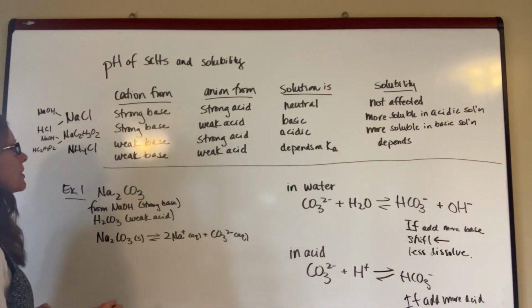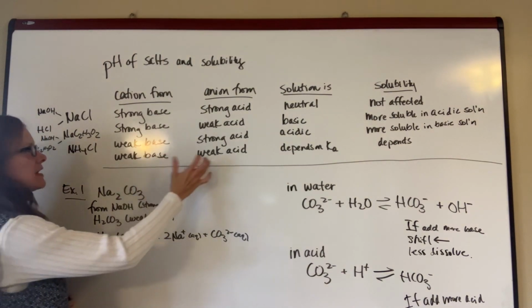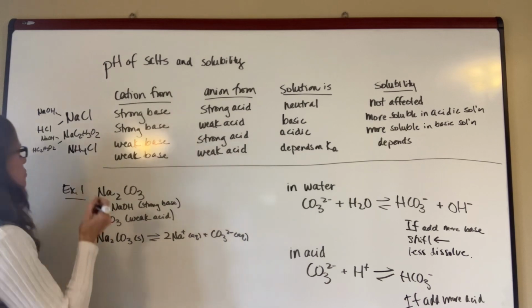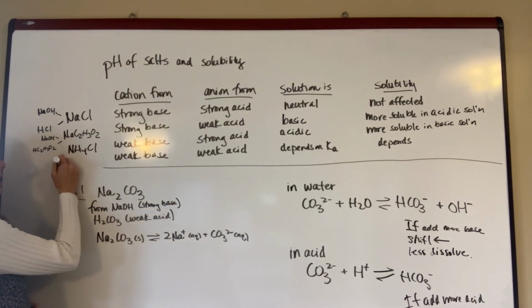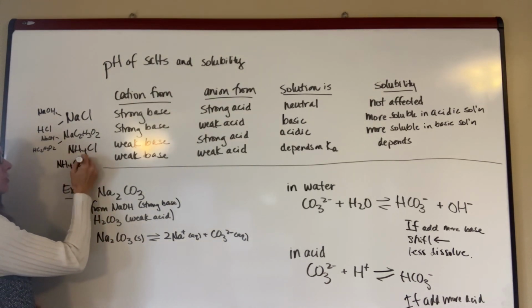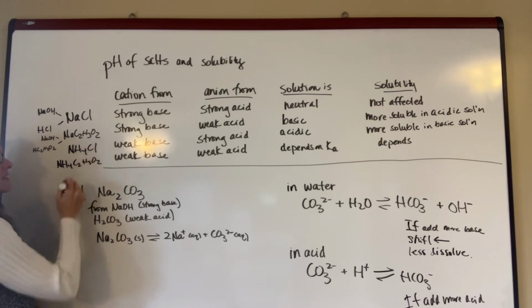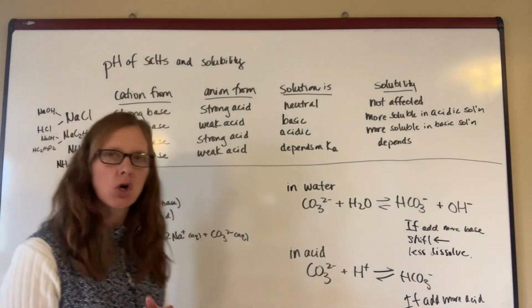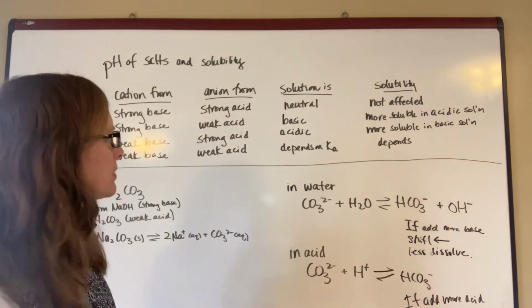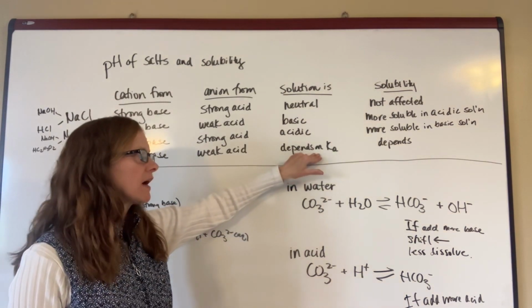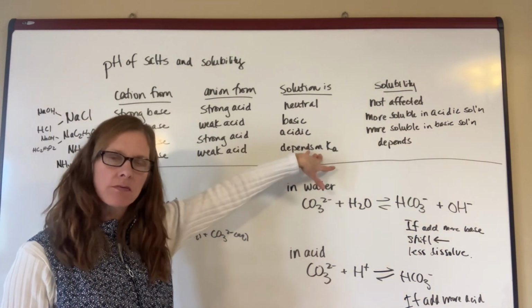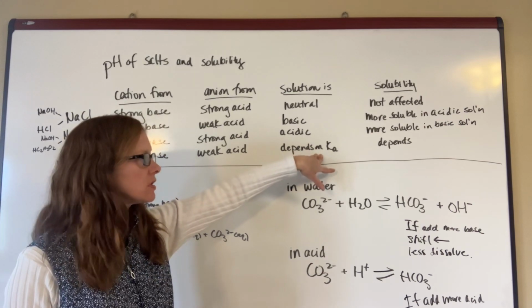If you have a cation from a weak base and an anion from a weak acid, so if you had something like NH4C2H3O2, ammonium acetate, in order to determine what the pH of that solution would be, you would actually have to do some analysis based on the Ka's of all of the weak acids that are in solution.